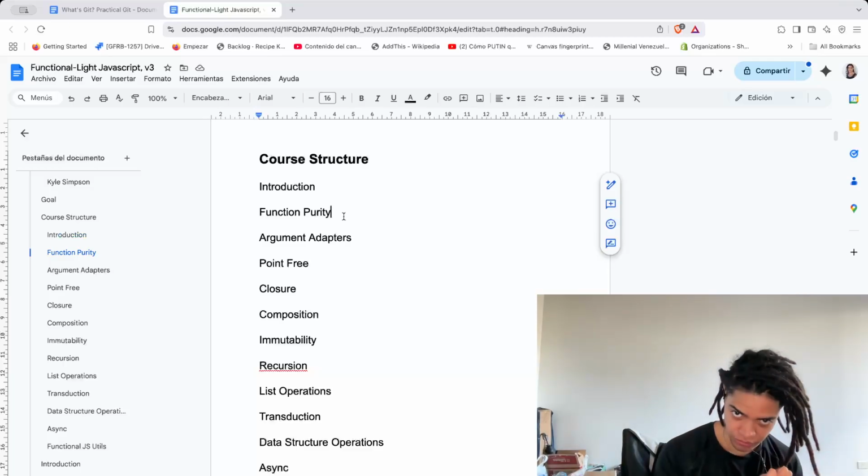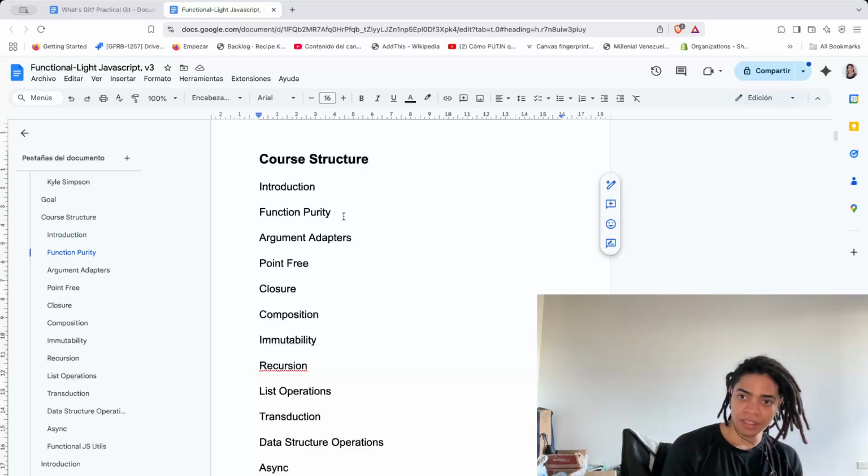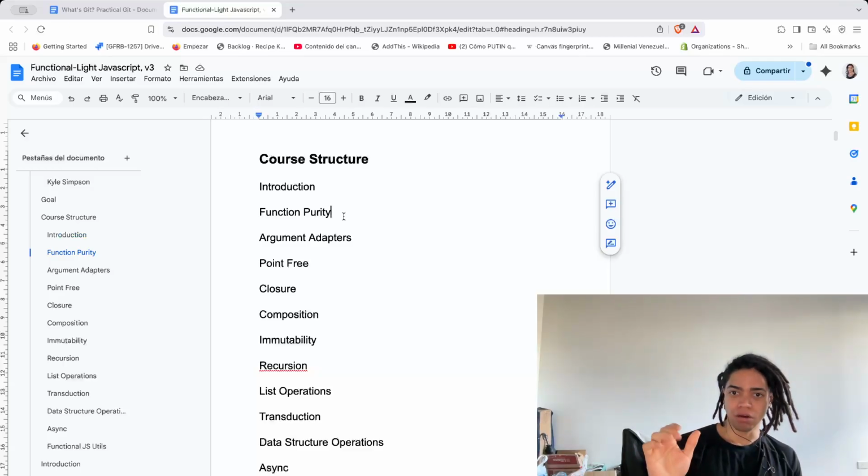So a function is something that takes one input and always returns something. In JavaScript, anytime you create a function, it will always return something, even though you don't define the return keyword explicitly. It returns undefined.